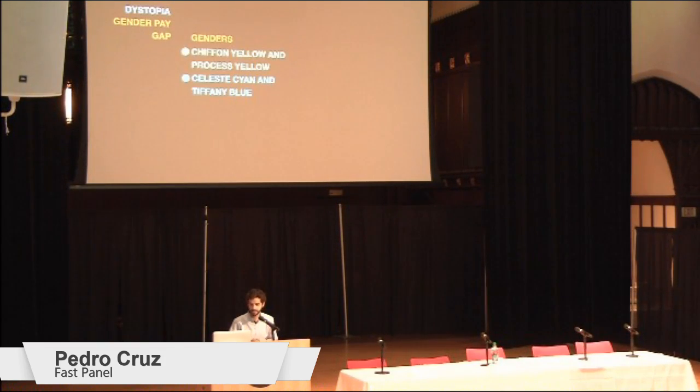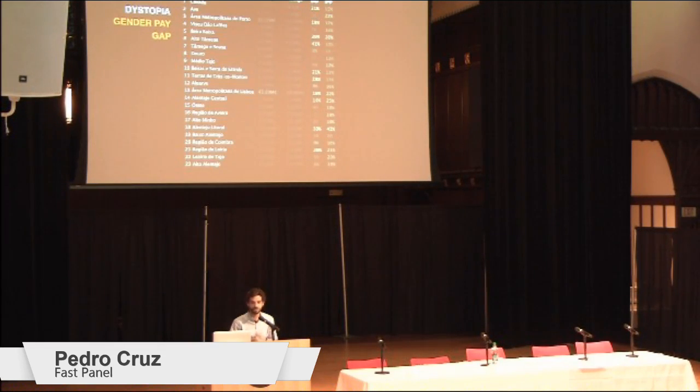So regarding the dystopia, we have 2 genders, right? I'm teaching something to you today. And trying to be unbiased, we have a yellow gender and we have a cyan gender. So this is the data that we are using. Here we have major metropolitan areas in Portugal.